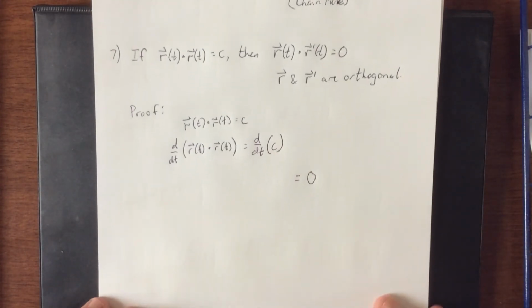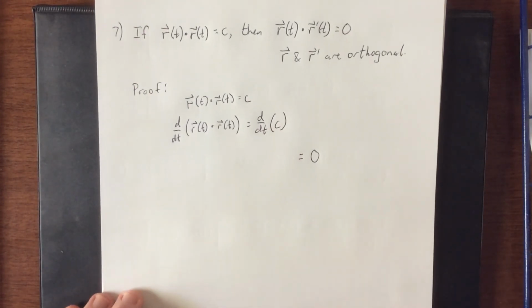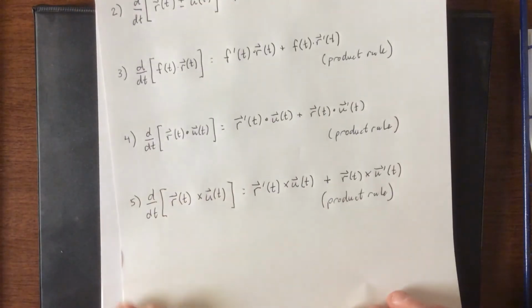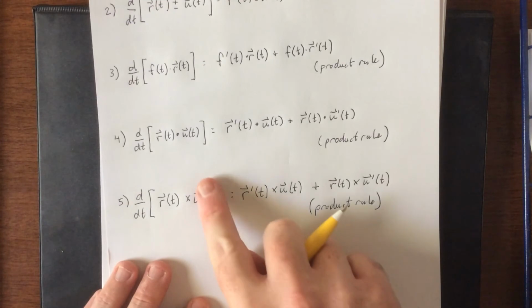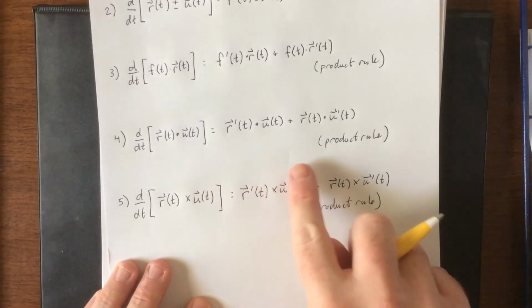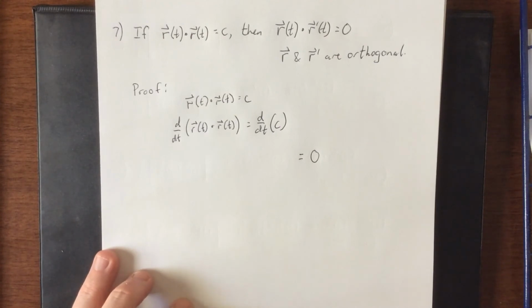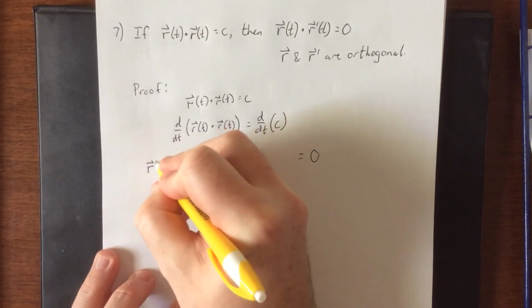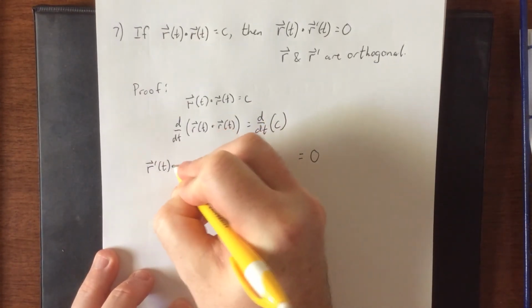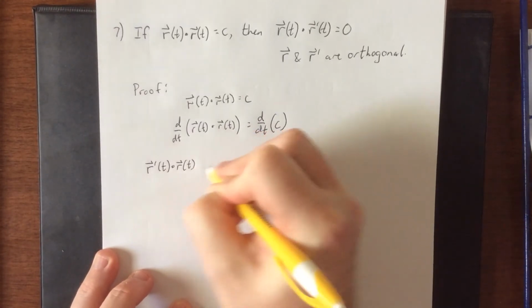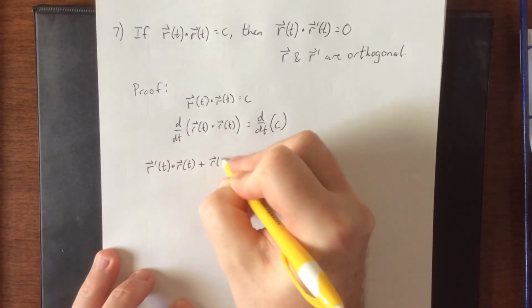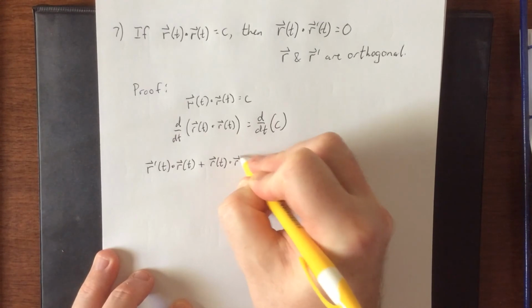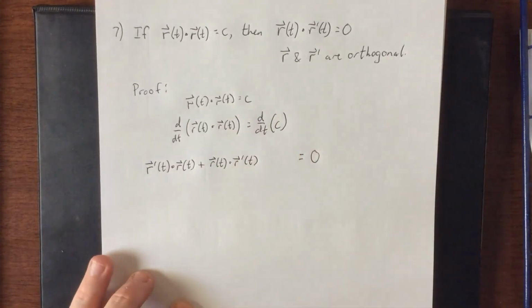On the left hand side, we are differentiating a dot product. And if you'll recall from property number 4, when you're differentiating a dot product, it looks like the product rule. But since both of these are referred to as R, this is going to wind up being R prime of t dotted with R of t plus R of t dotted with R prime of t.